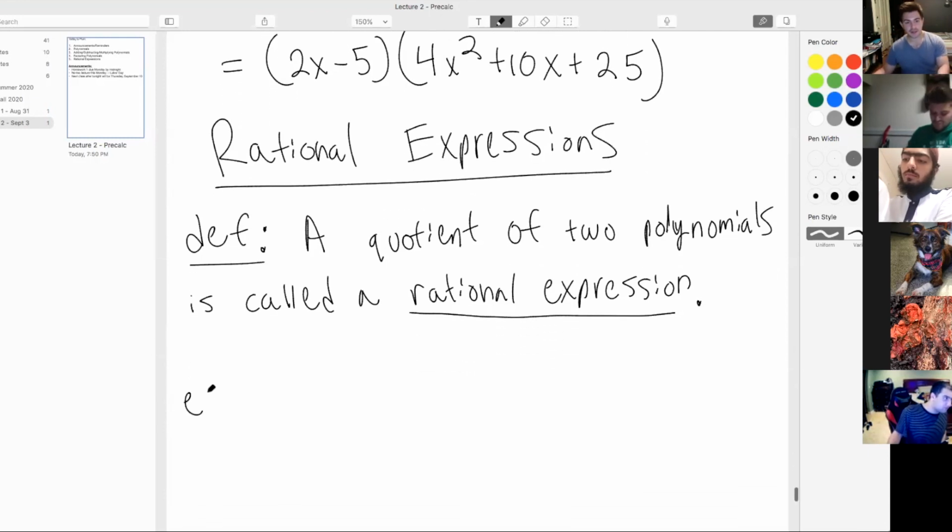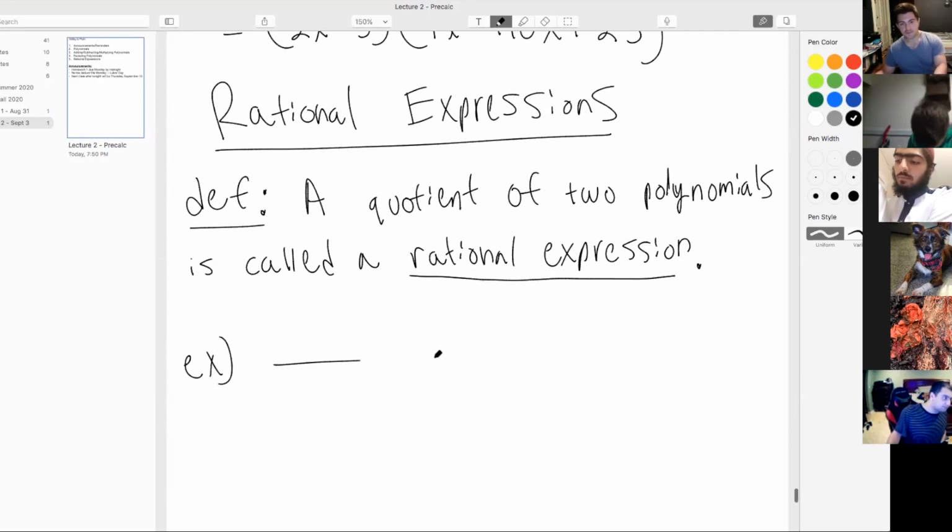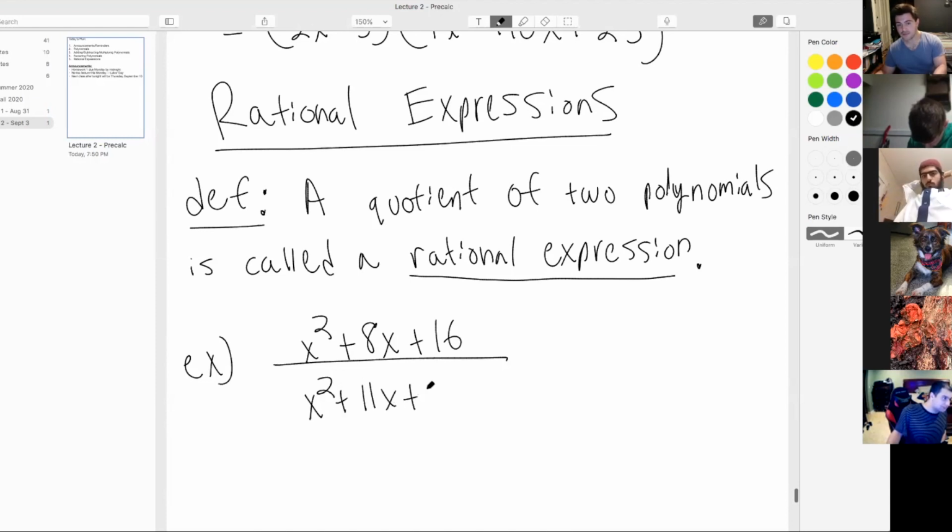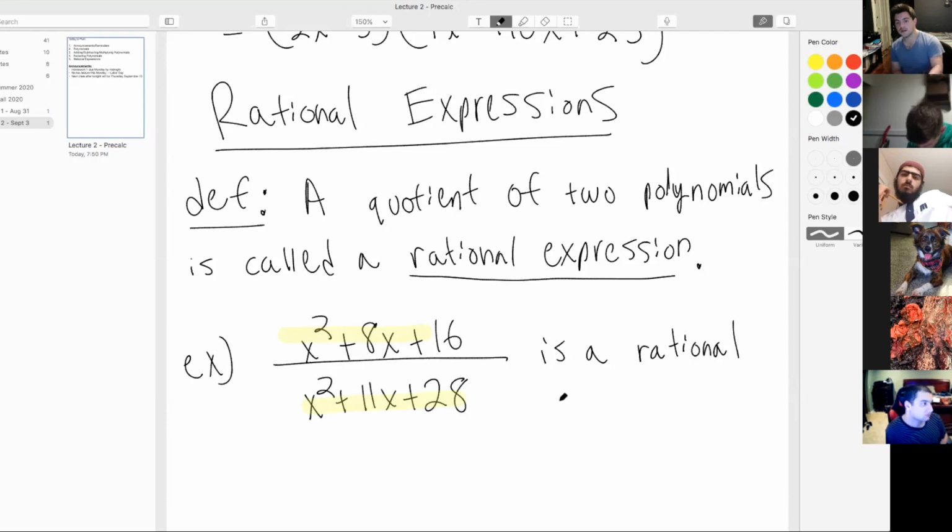All right, example. X squared plus 8x plus 16 divided by x squared plus 11x plus 28. So the numerator is a polynomial and so is the denominator. So this satisfies the definition of a rational expression. Just a polynomial divided by a polynomial.